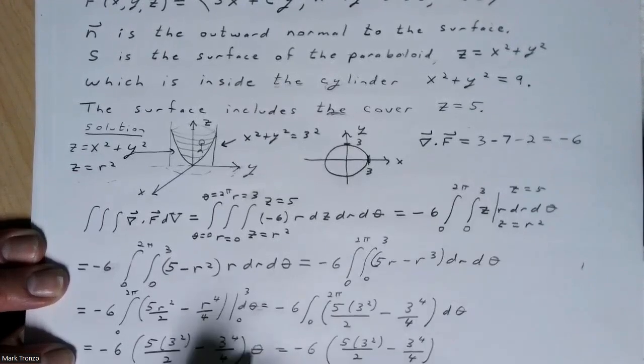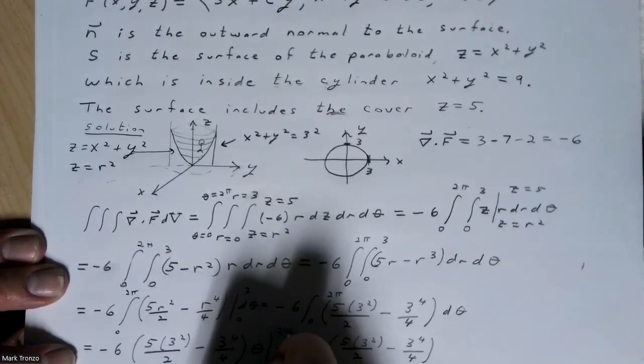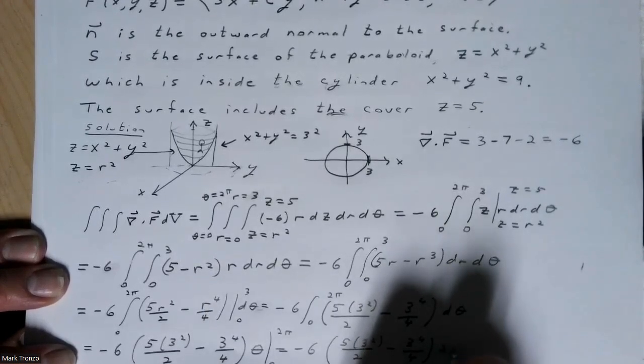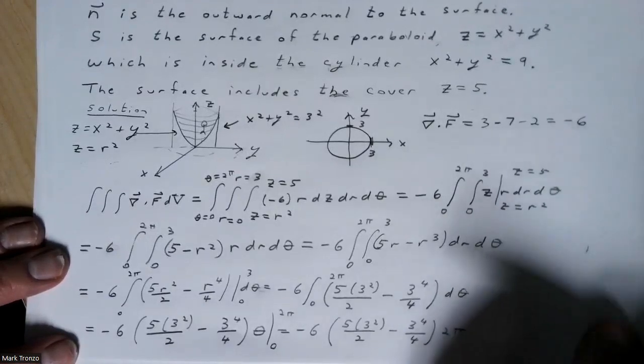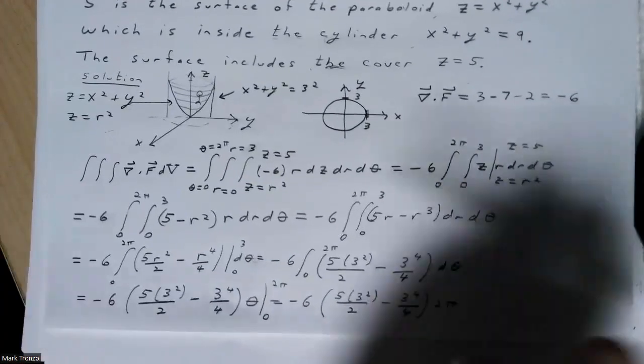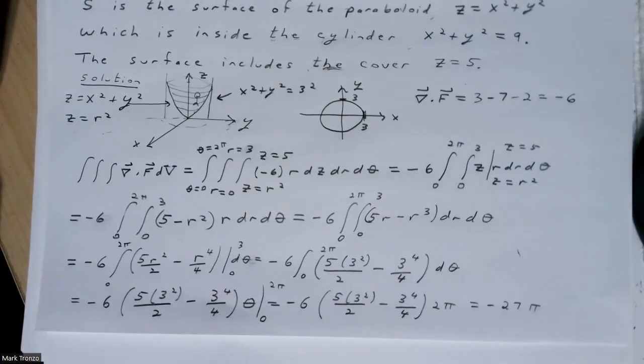And then theta was evaluated from 0 to 2 pi. Put the 2 pi in like that. And when I put that in my calculator, I got negative 27 pi.